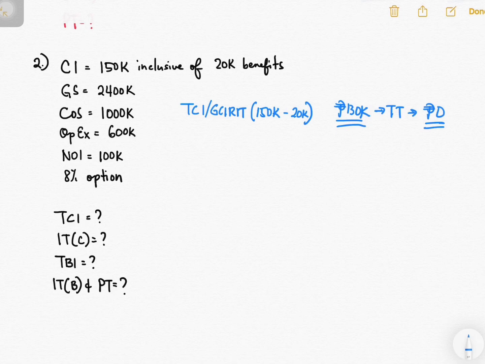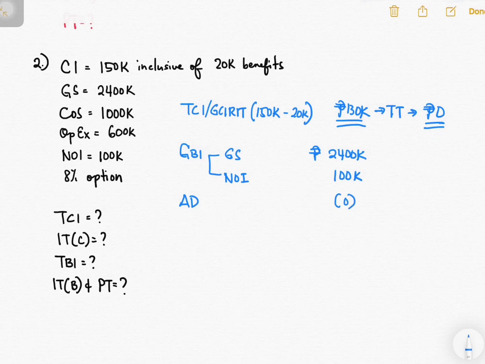Right? Now, let's go to the business side. Gross business income. Split into two. Gross sales. Non-operating income. For gross sales, 2.4 million. Non-operating income, 100,000. You're using the 8% option, but you are a mixed income earner, so this is 0.